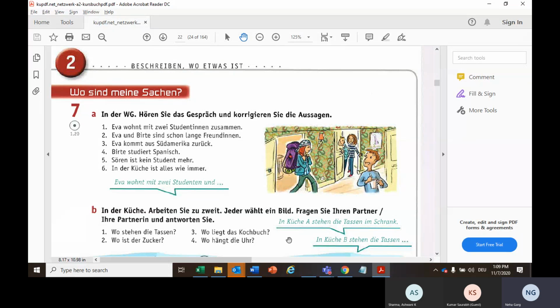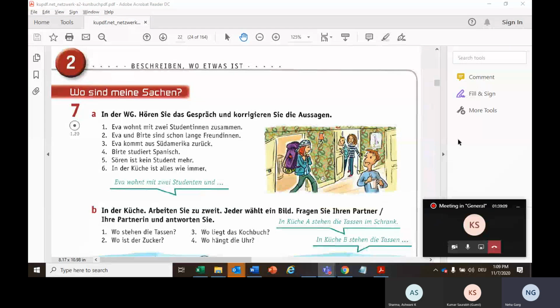Hallo? Hey Eva, schön, dass du wieder da bist. Hallo Niklas. Ich bin auch froh. Seit 22 Stunden bin ich unterwegs. Ach, du Arme. Darf ich vorstellen? Unsere neuen Mitbewohner, Sören und Birte. Hallo. Niklas hat mir schon von euch erzählt. Hallo Eva, ich bin Sören. Willkommen zurück. Hallo Eva, schön dich kennenzulernen. Wie war dein Urlaub? Super. 2 Monate Sprachkurs in Barcelona. Das war toll. Ich habe viel gelernt und viel Spaß gehabt. Und ihr?